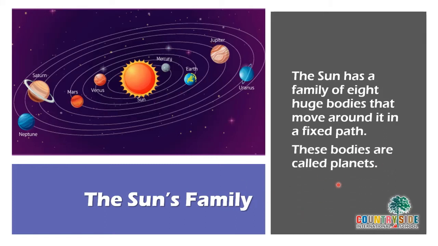These bodies are called planets. You learnt about planets in grade 1. Now these planets move on their fixed path. The fixed road is given to them. They cannot cross their roads. They move on that fixed path around the sun continuously. So this is the sun's family.